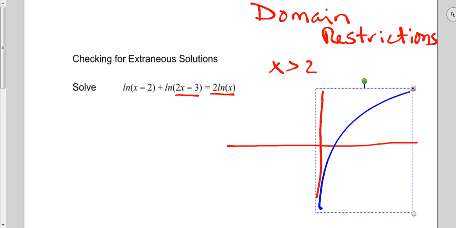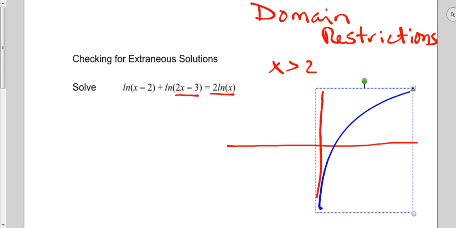So like that. Okay. Now, what's the domain restriction on that? That's natural log of x, right? 2 times natural log of x just does a vertical stretch. So does it change my domain at all? What's my domain as per this graph? X is greater than 0.